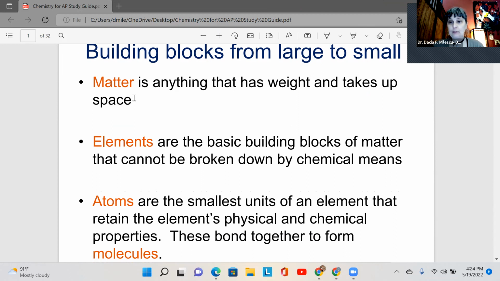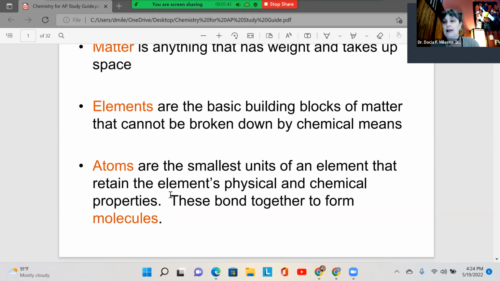Elements are the basic building blocks of matter and cannot be broken down by chemical means, all right? So molecules can be broken down, which we're going to go over in a few minutes. So atoms are actually the smallest unit of an element, and that's the definition, and it retains the element's physical and chemical properties.